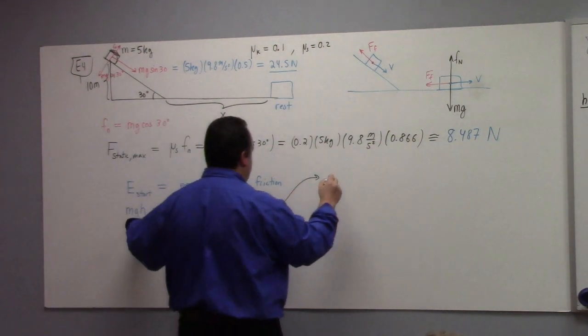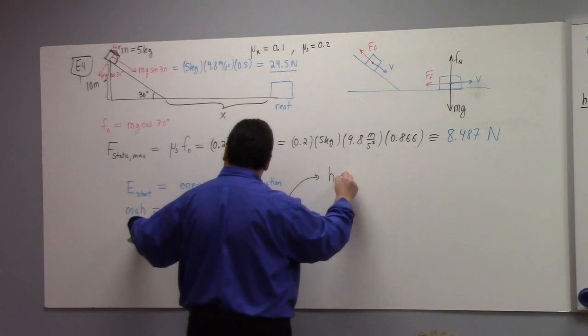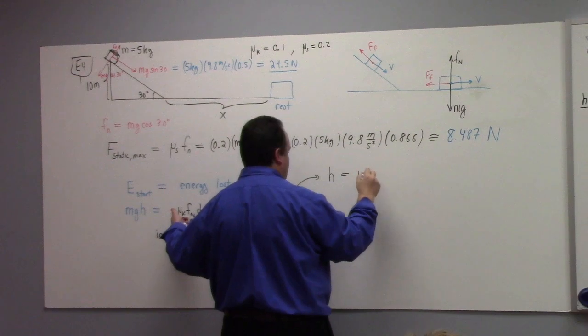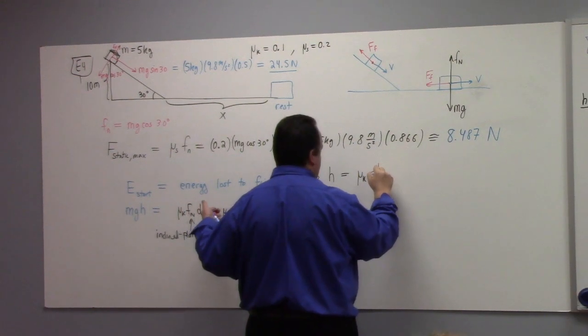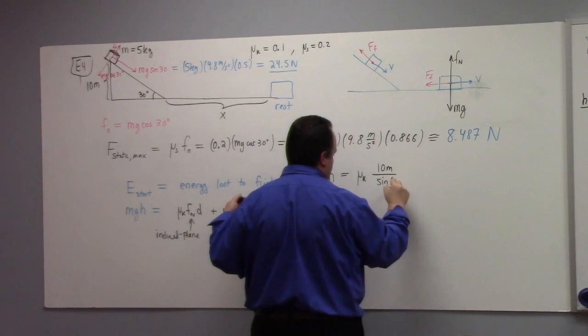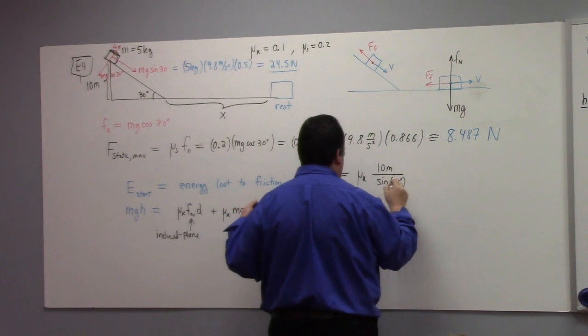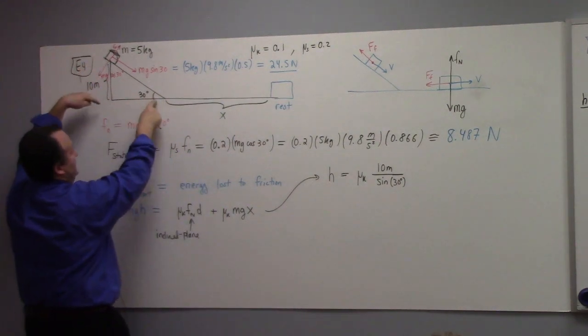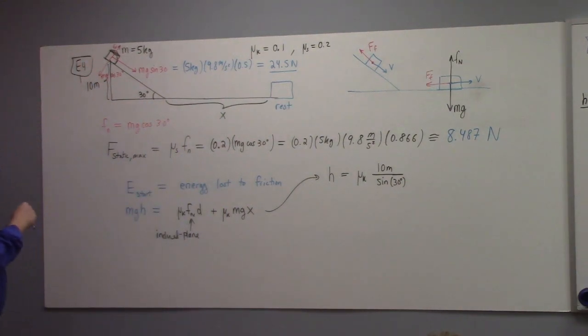We have h is equal to mu k, and you guys just told me it was 10 meters over sine 30. So the hypotenuse is actually 20 meters. There's 20 meters to slide down if this is 10 and that's 30, because 10 over 20 is a half, which is sine 30.